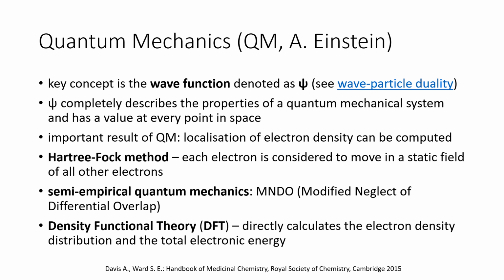So I already said that in QM calculations, the localization of electron density can be computed, and there are different techniques, for example, the Hartree-Fock method, then the semi-empirical quantum mechanics calculations, and lately density functional theory is heavily used in some scientific works, which directly calculates the electron density distribution and the total electronic energy.